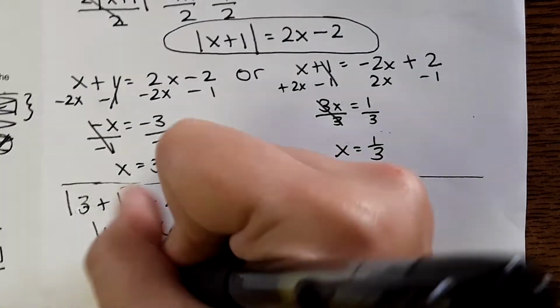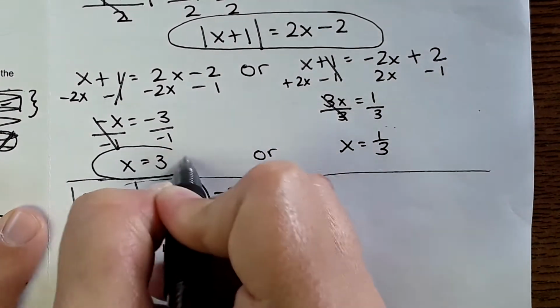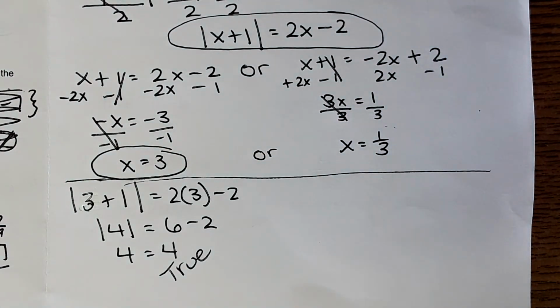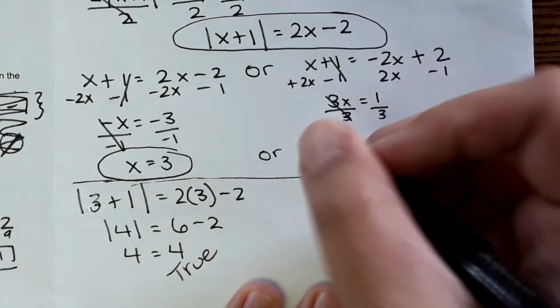And I get 4 equals 4. That is true. So therefore, this one does work. And we have to see if the other one works. So again, plugging it into this one.